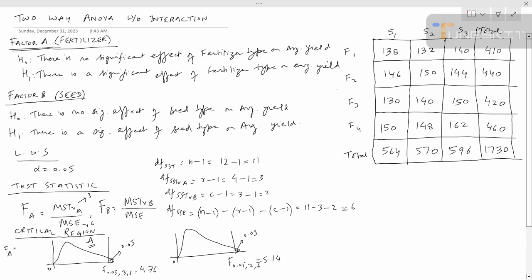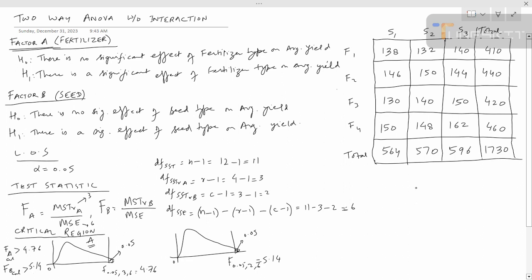That's the rejection criterion for the first factor, and that's the decision criterion for the second factor B.